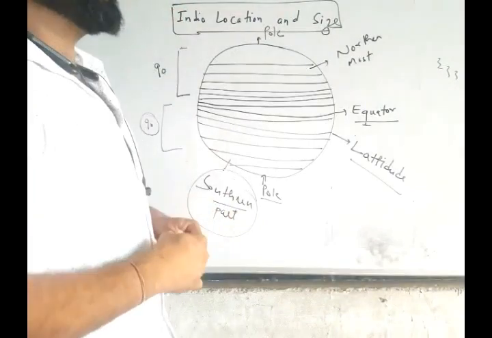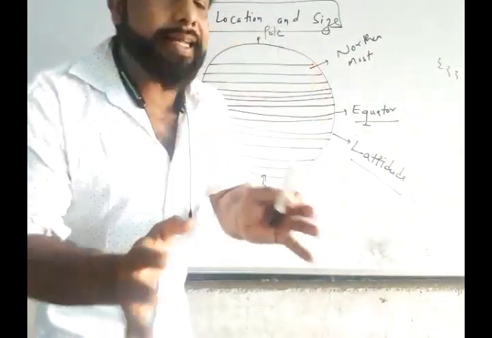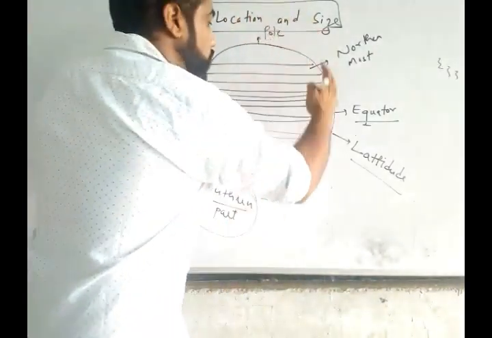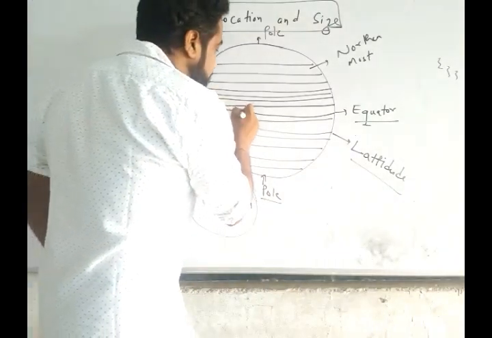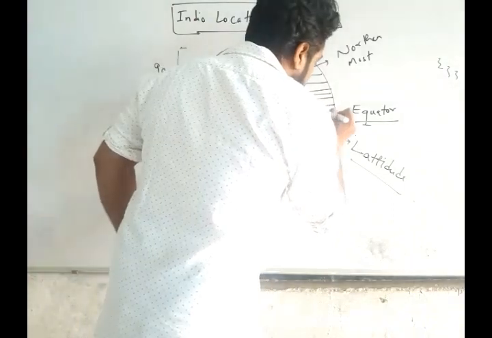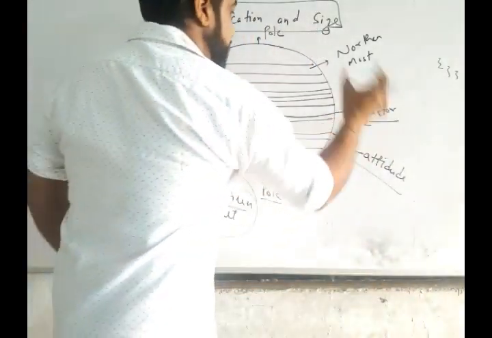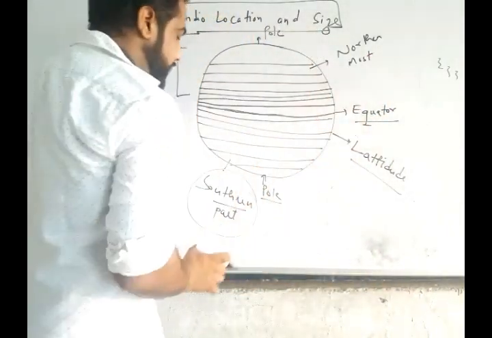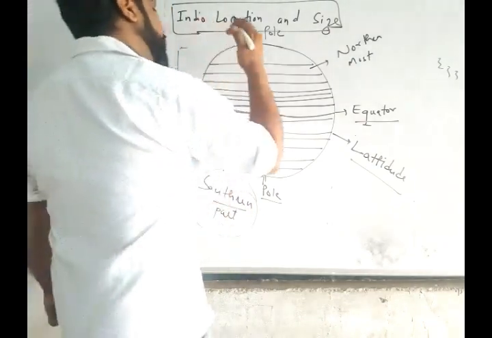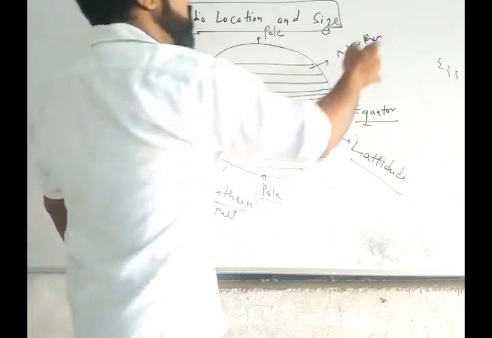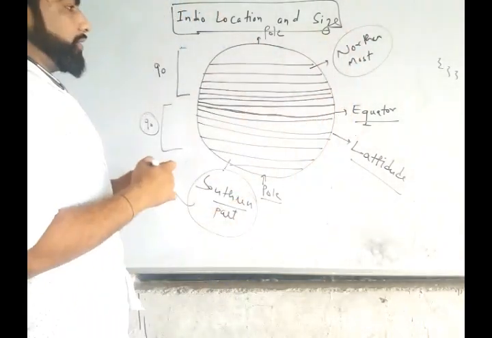Very important. First, again I tell you that you create a globe and there is an important line which divides it into two equal parts. This line is known as the equator, and the lowermost part is known as the southern part, and the uppermost part is the northernmost or the northern part.